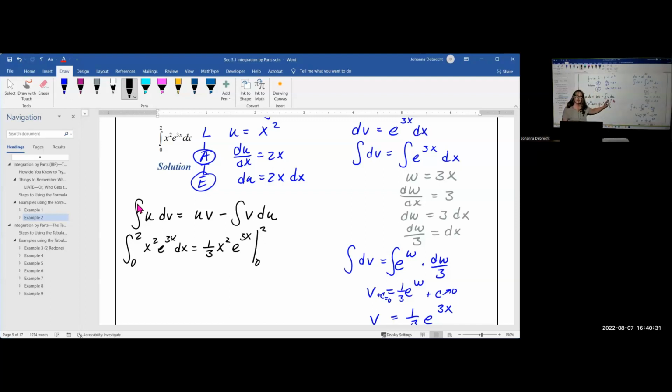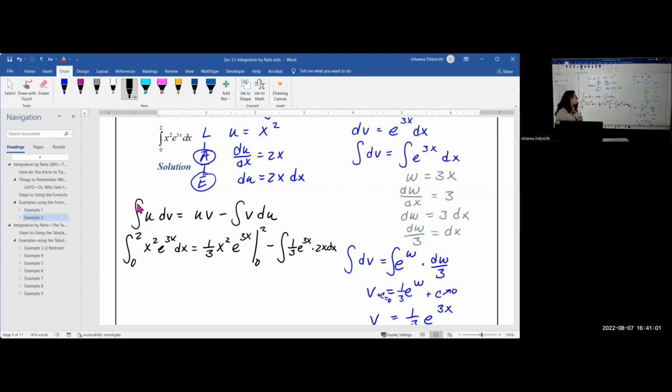Remember I said that for the definite integral, each term gets evaluated at those limits of integration. So this is our uv part, evaluated between 0 and 2. Now I need to add the integral of the bottom row, which is minus the integral of v, which is 1/3 e to the 3x times du. So I have 1/3 e to the 3x times 2x dx, right?